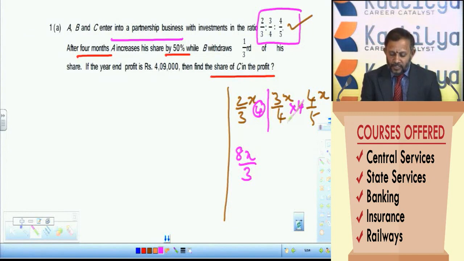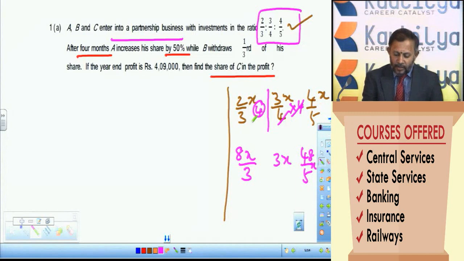So here 4 gets cancelled, we get 3x as the total investment of B for the first 4 months. And next, the investment of C is constant for 12 months. So you can take 4/5 into 12, or 48/5 into x.